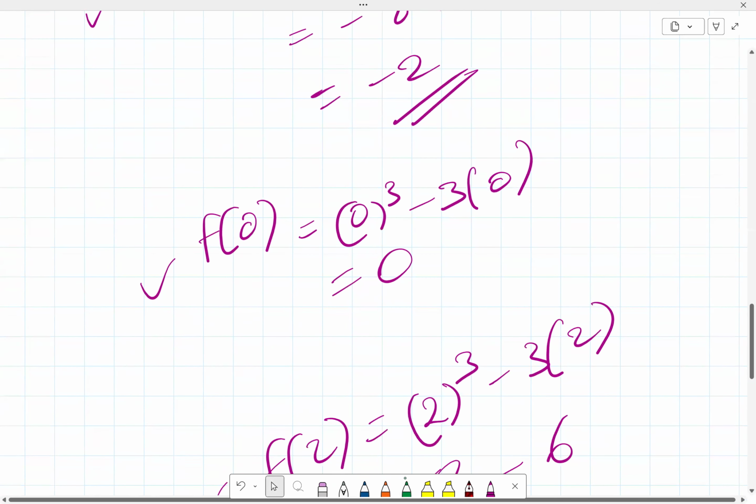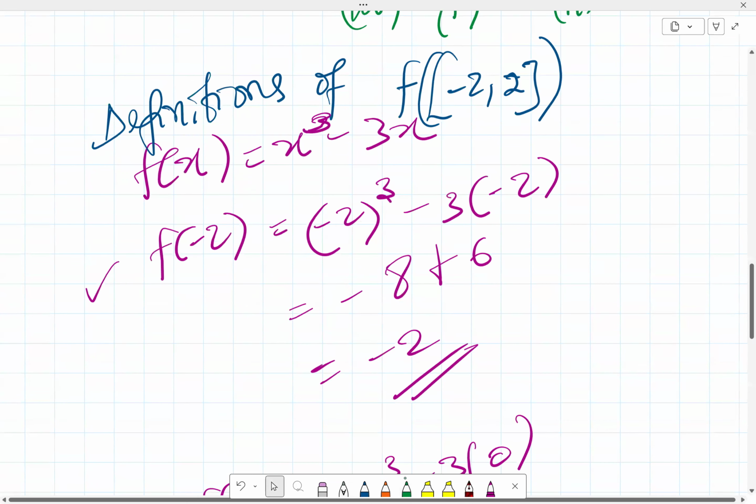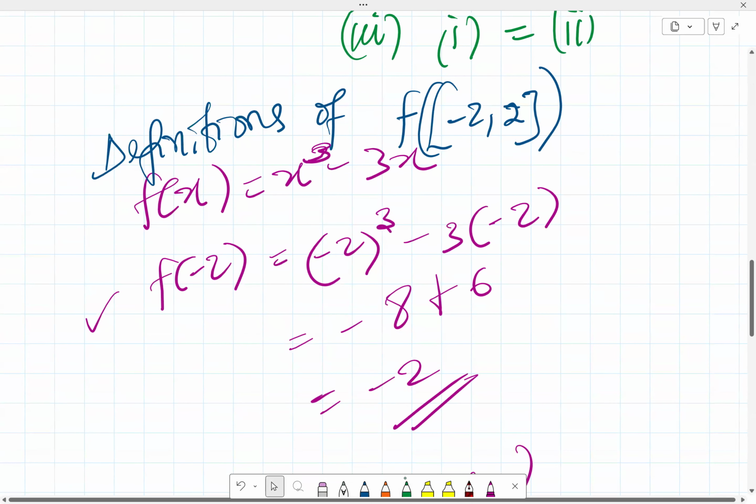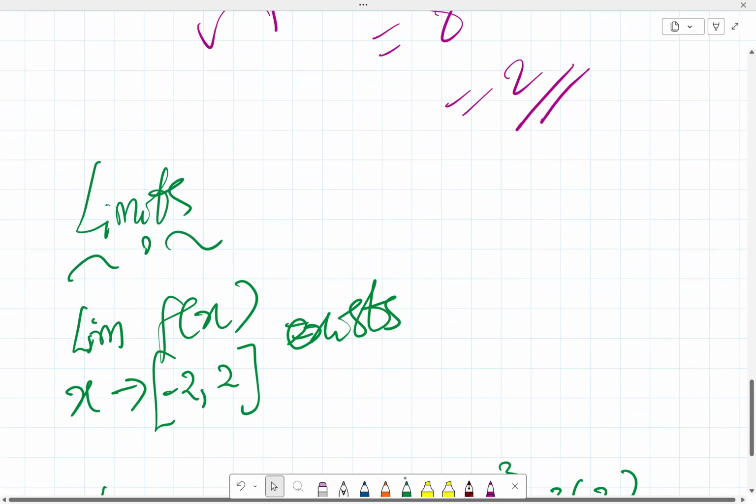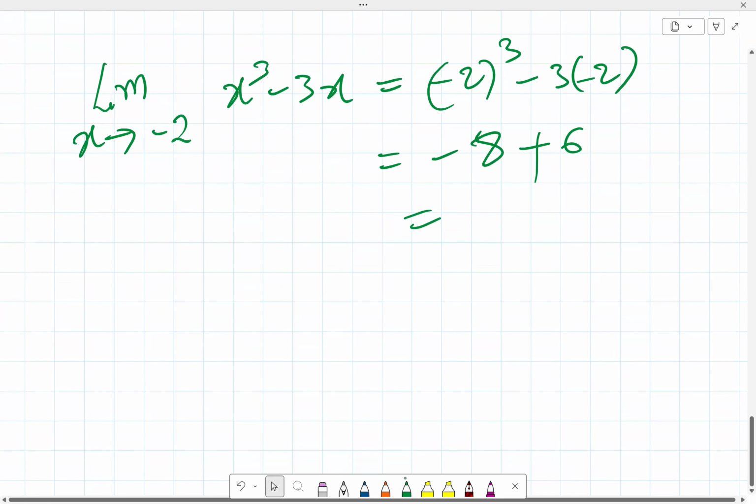I hope I did all that right. This is x cubed minus 3x. Yeah, I think everything is good. So this is -8 plus 6, so we have -2.